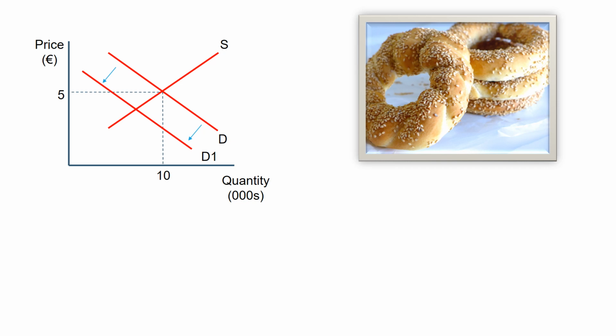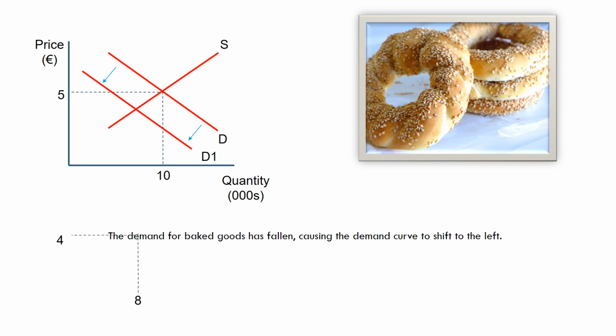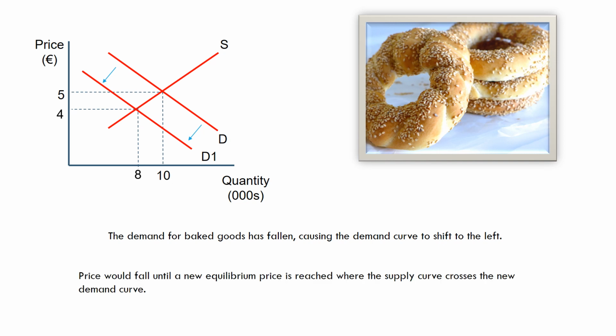Now what happens in this situation, we can see that the market price has moved. It is no longer at €5. It now is where the two curves meet at a lower price. This might be €4, where the quantity bought and sold is now 8,000. So the price would fall until a new equilibrium price is reached, where the supply curve crosses the new demand curve.